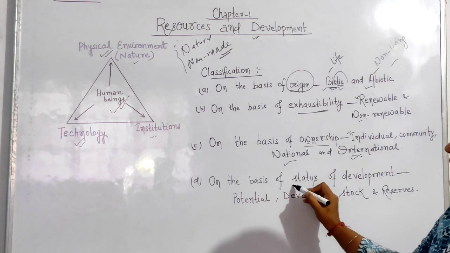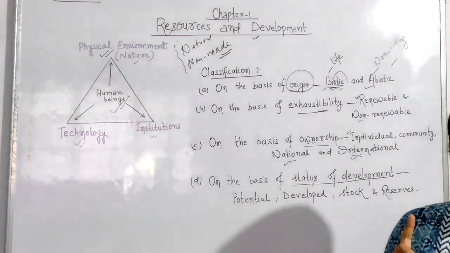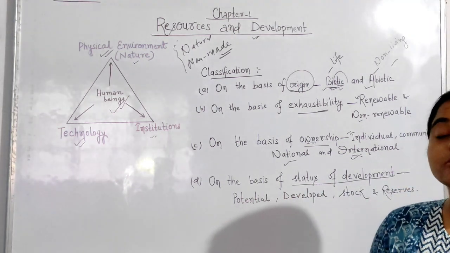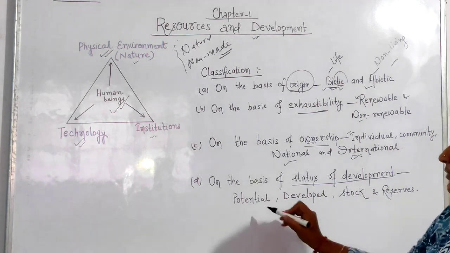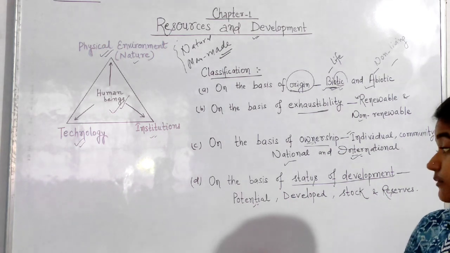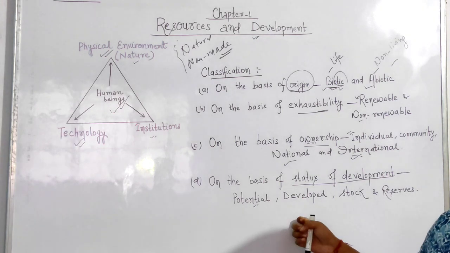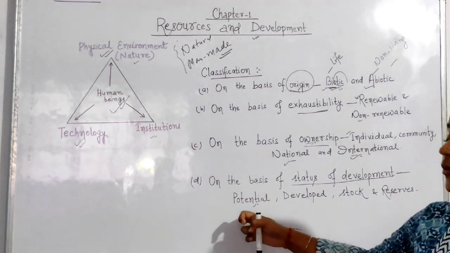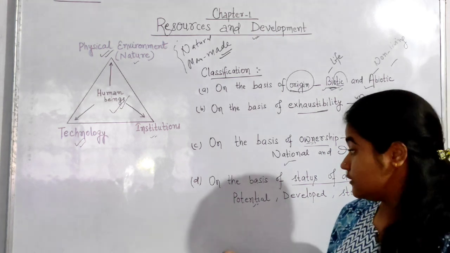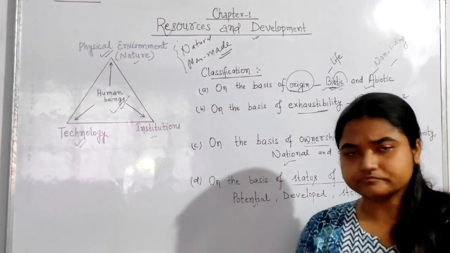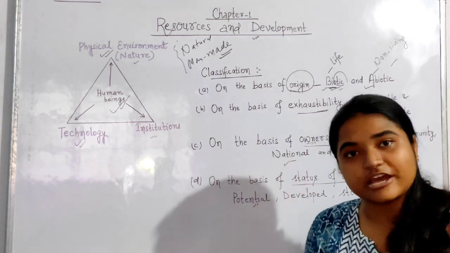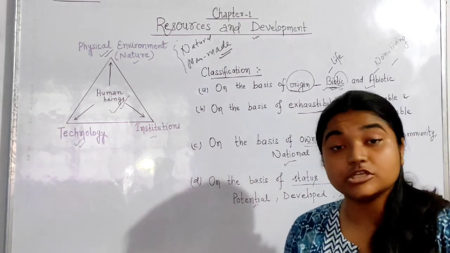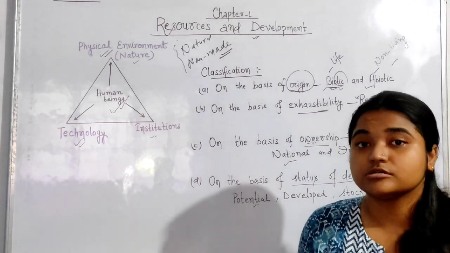Next is on the basis of status of development. On the basis of status of development, first is potential, then developed, then stock, and then reserves. Potential resources are those which have been found, surveyed, but not being used.